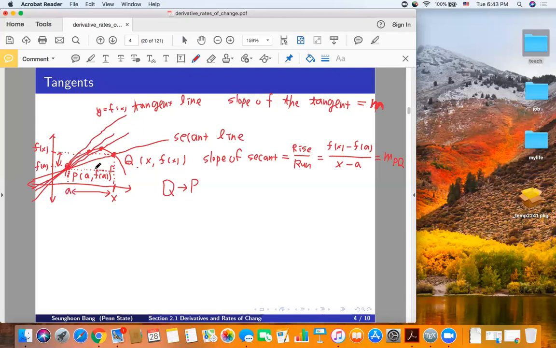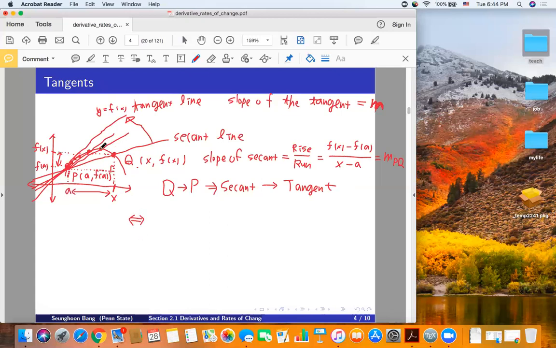Move more, approaching P. So what happens? The secant line approaches the tangent line. So we have this result: the secant line approaches the tangent line.